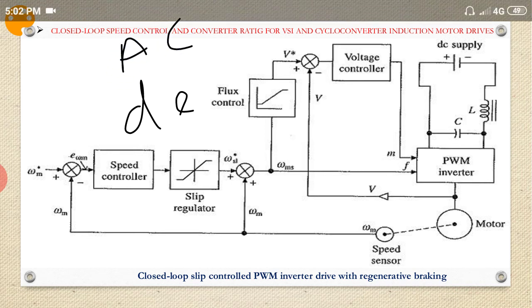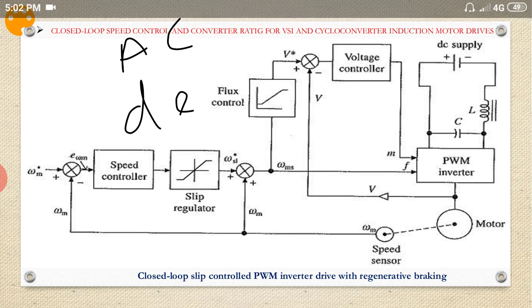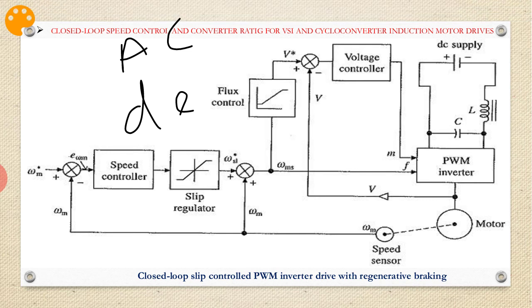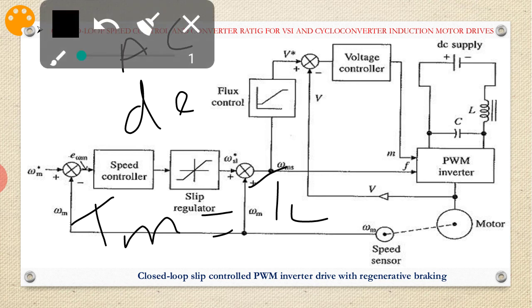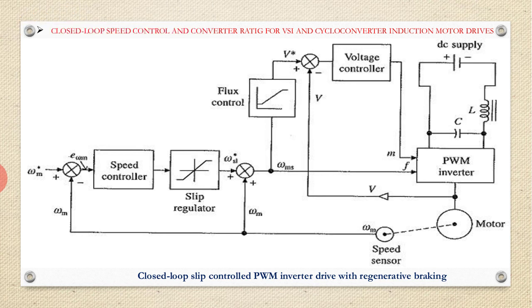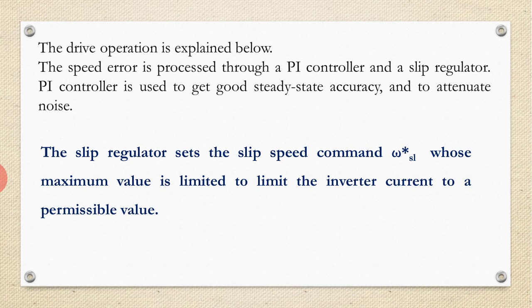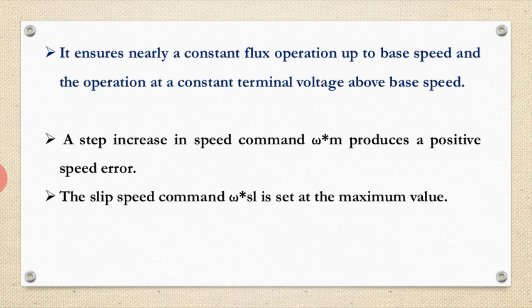You have to remember it like that. It decelerates and settles at the slip speed for which the motor torque again equals the load torque. So this is the explanation. All the points are mentioned, so just go through this.